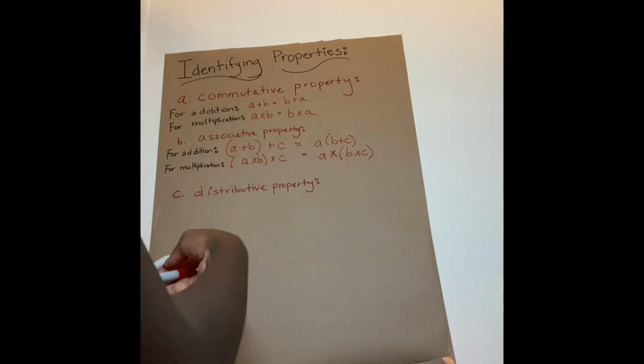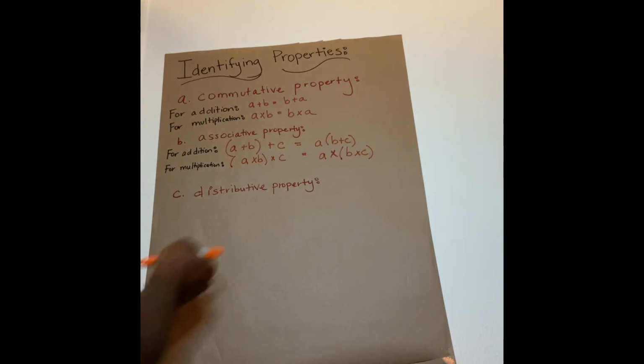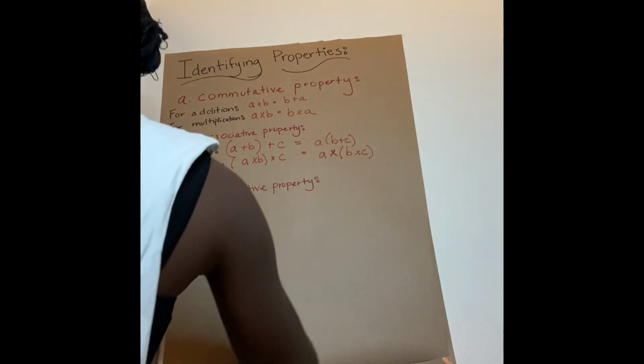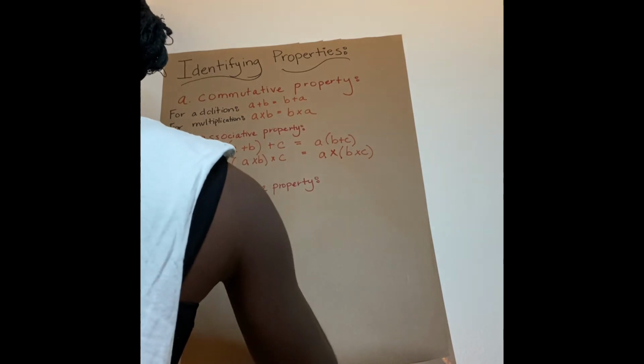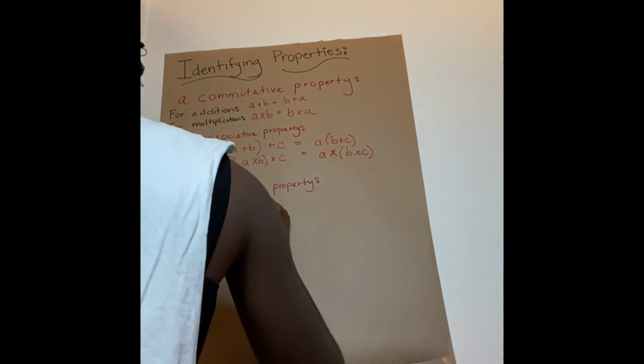So the distributive property states that the sum of two numbers times a third number is equal to the sum of each addend times the third number.